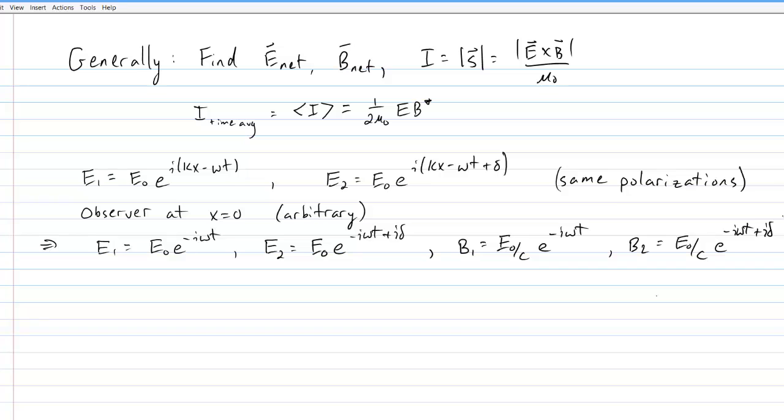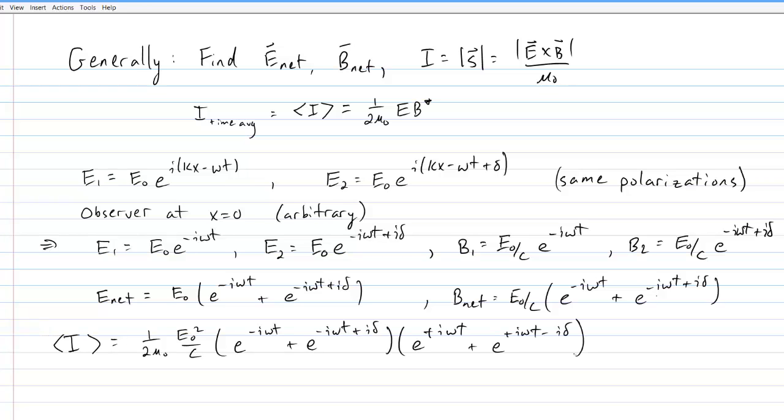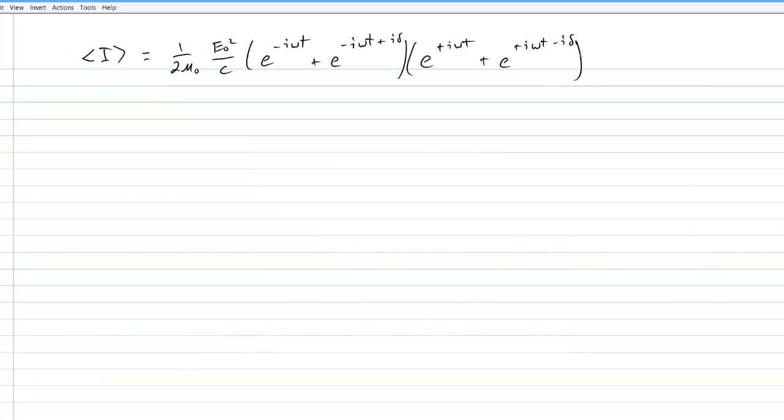The net field is easy enough, and we'll get the time averaged intensity through the Poynting vector, using B star instead of just B, and an extra factor of a half. We crank this on out.